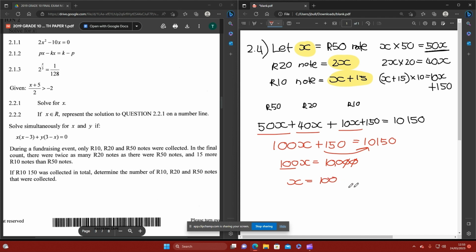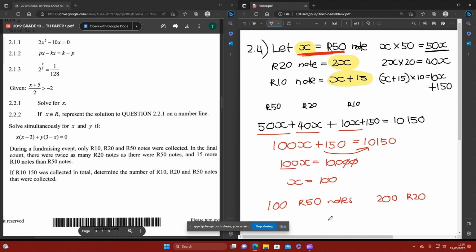Okay, so if we look back then at our let x be this and let 20 Rand be this, we can see then x is how many 50 Rand notes. So we've got 100 50 Rand notes. That means we've got double that for our 20 Rand, so we've got 200 20 Rand notes.